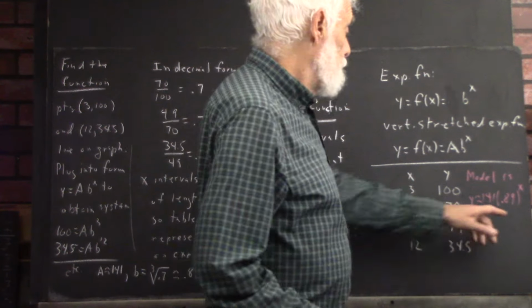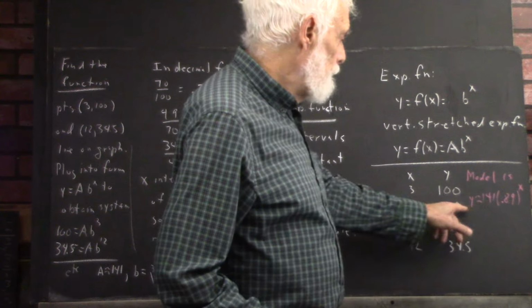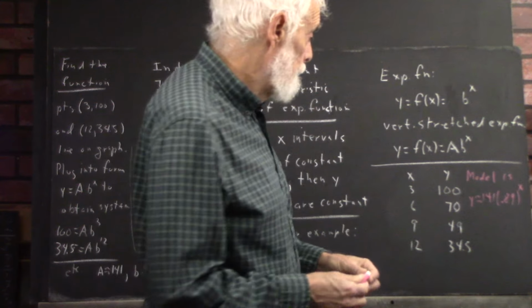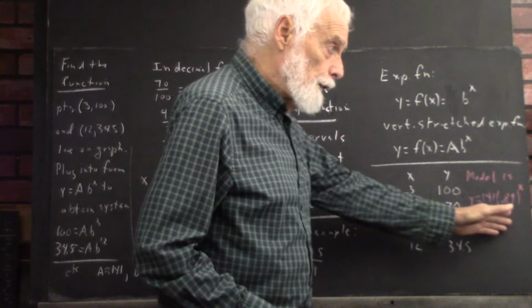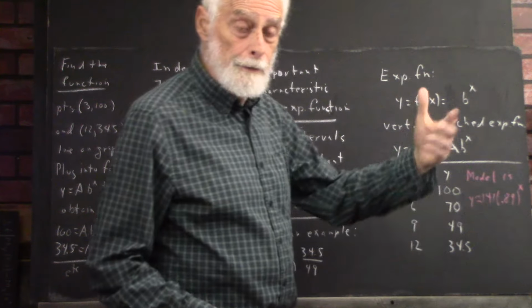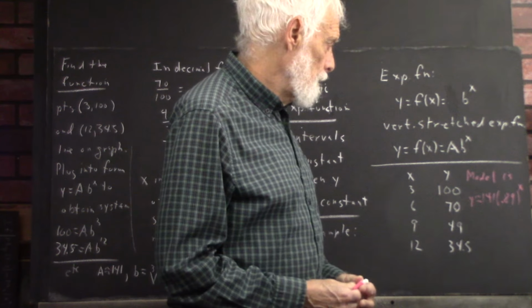And you can take any of the x values in this table and plug it in here, and I think you're going to find that the result is going to be pretty close. Now there's some round off error, and then there's estimations in my head error, and those estimates aren't totally accurate.